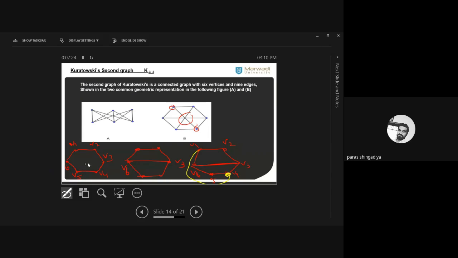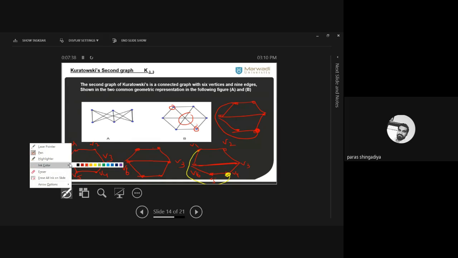In the last graph, you have to explain it. Consider the fourth graph. All the connections will be as they are here. Now let's connect it to the inside edge.